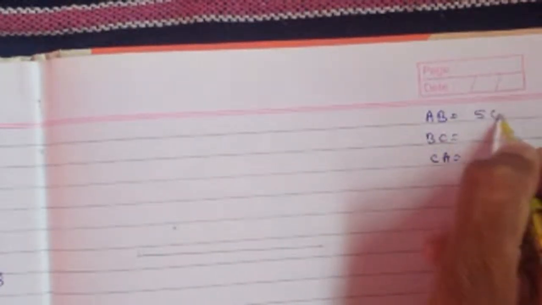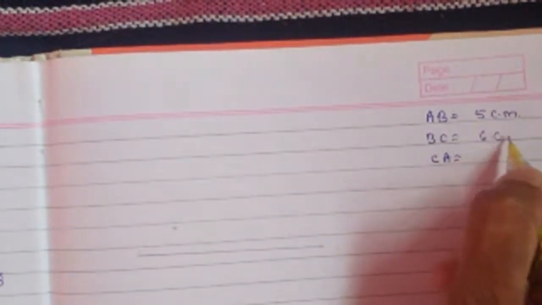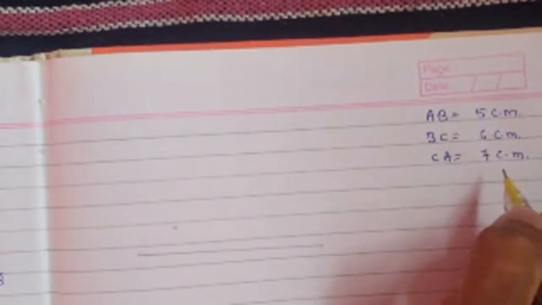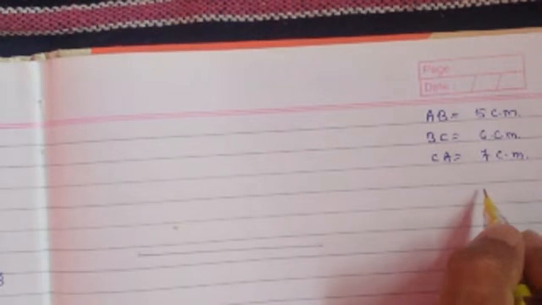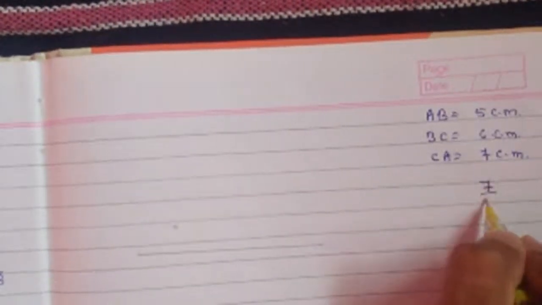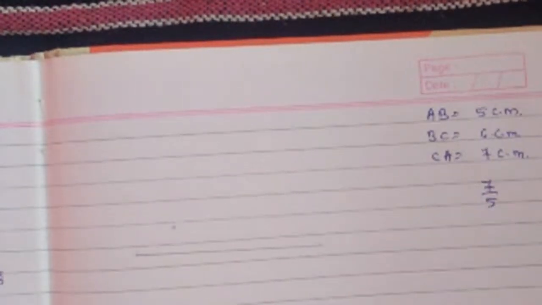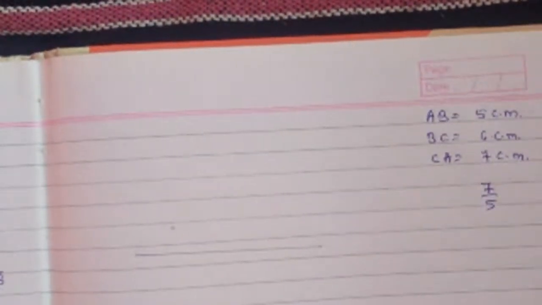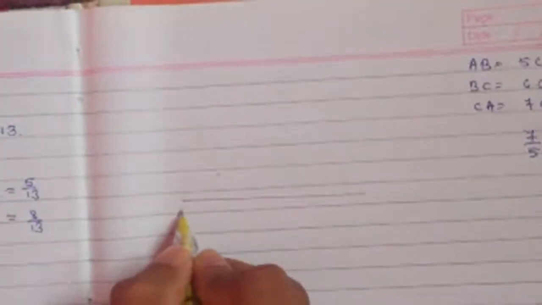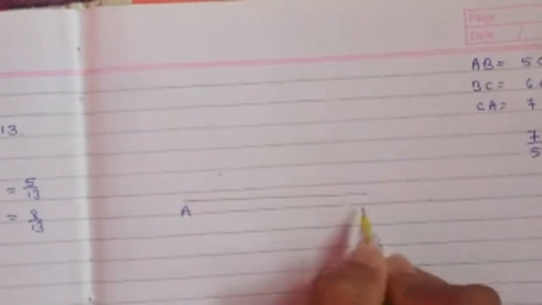The values are 5 centimeter, 6 centimeter and 7 centimeter. And we have to construct a triangle of the ratio 7 by 5. Here I drew one line of length 7 centimeter. I will call this AC.